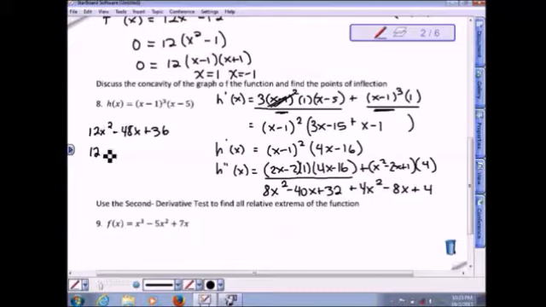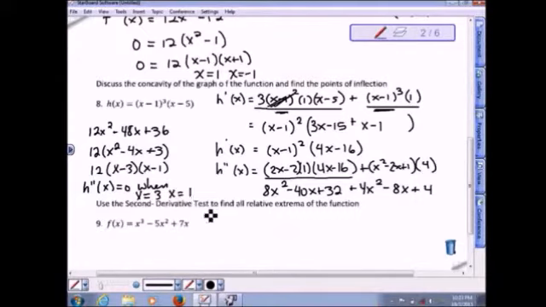If we factor out a 12, we have x squared minus 4x plus 3, which factors into x minus 3 times x minus 1, and that means h double prime of x is equal to 0 when x equals 3 and when x equals 1.